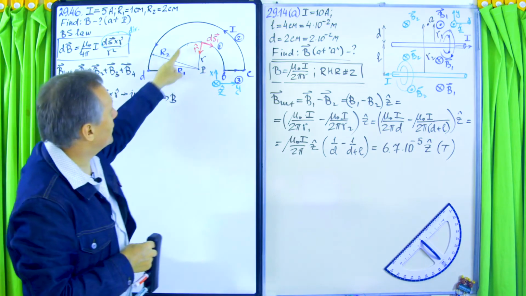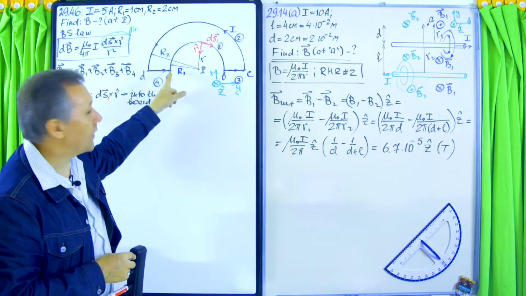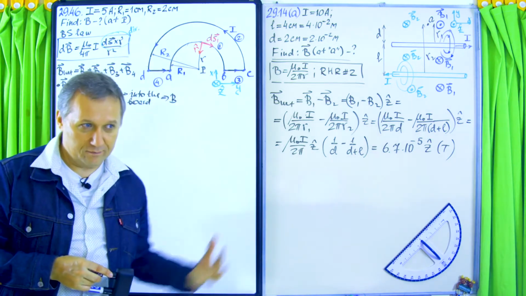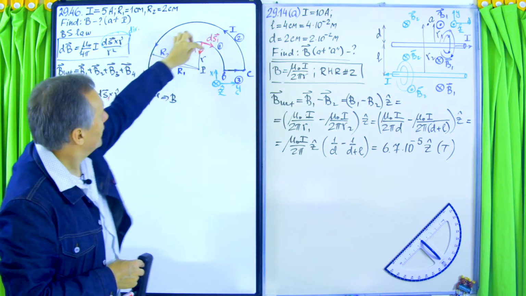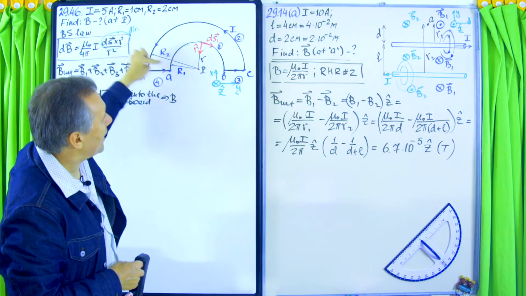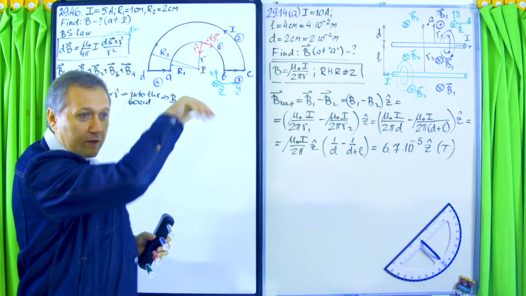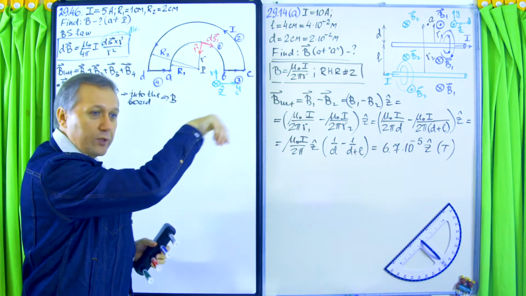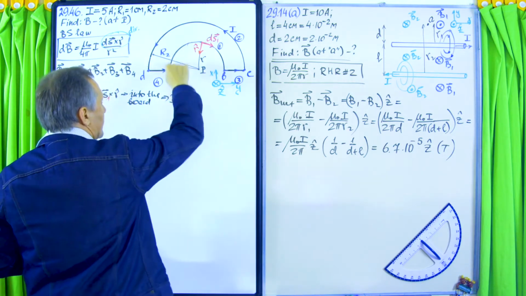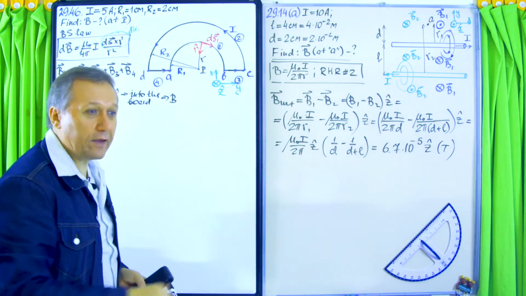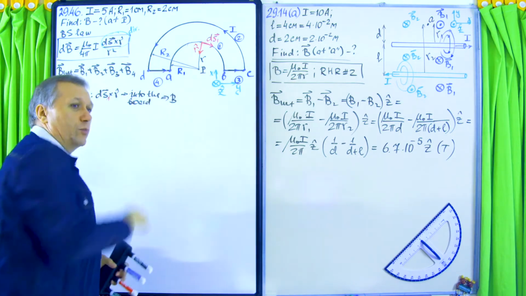But when you start integrating that dB1 in order to find the net contribution from this section to the net magnetic field, again, when ds is over here, r is still that way. So if you again take a cross product, the direction will still be into the board. It doesn't matter which section ds you take on this semicircle, every time the direction will be into the board.